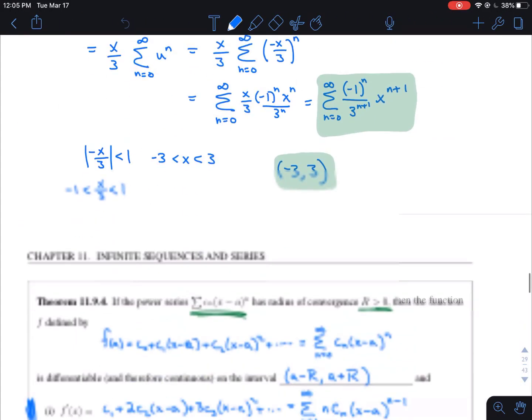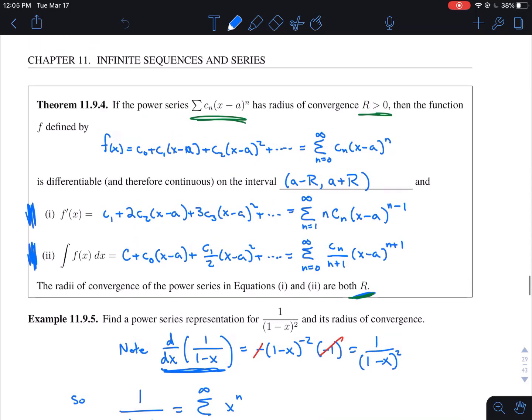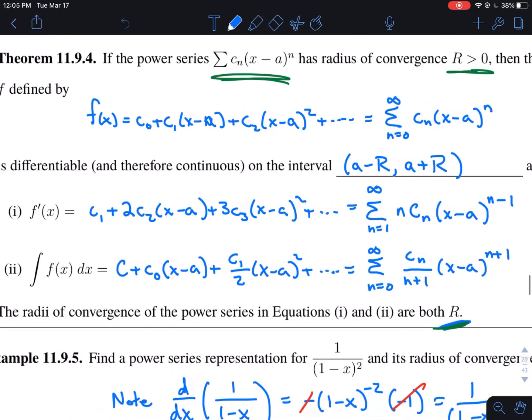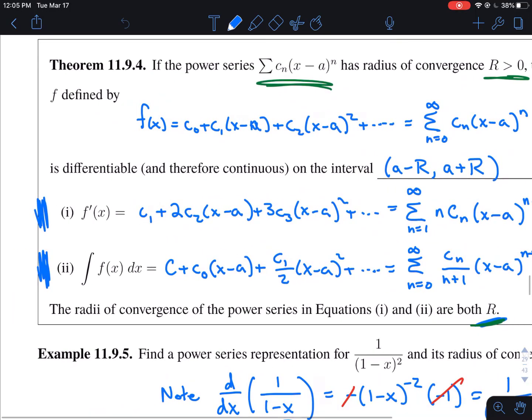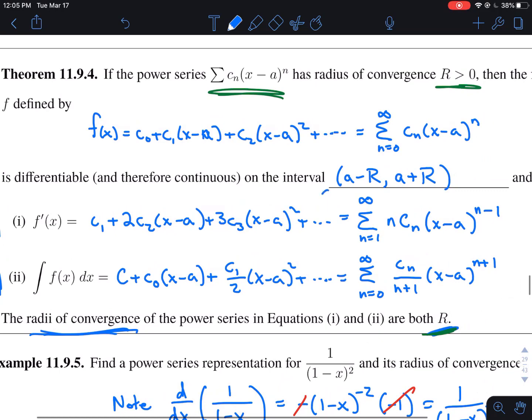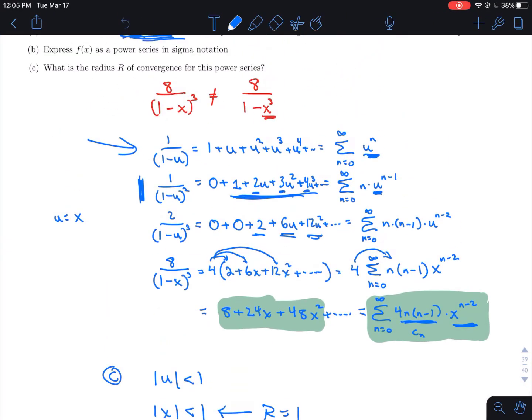The big thing that we needed to use there is that when you take the derivative or when you take the integral, the radius of convergence stays the same. So when you take the derivative or the integral, that radius or interval of convergence does not change. So you don't have to worry about the fact that we took the derivative here; it doesn't alter the fact that our radius of convergence is still 1.